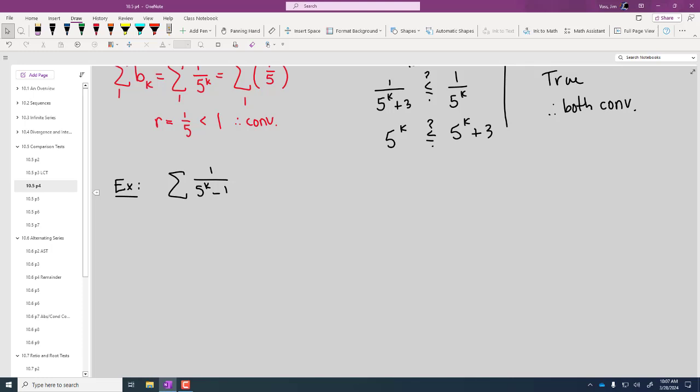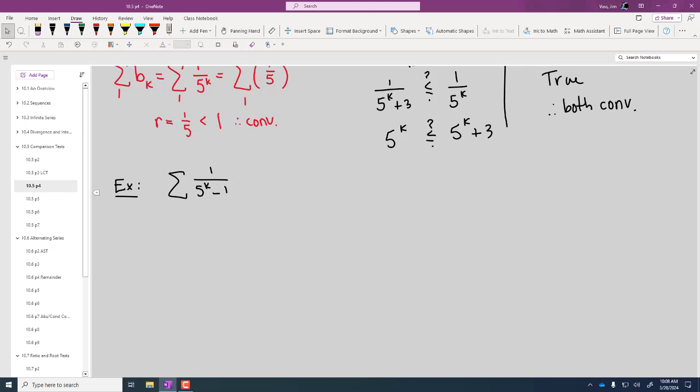Let me know if you're running up against anything. The b sub k should match with the last one.